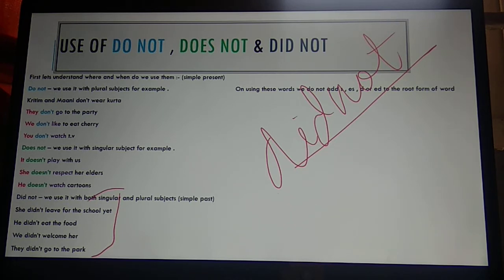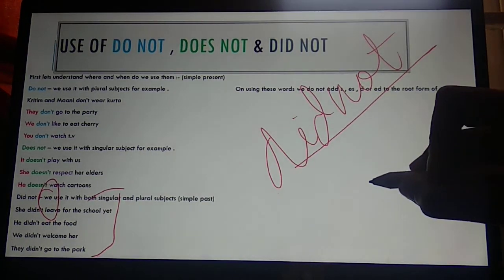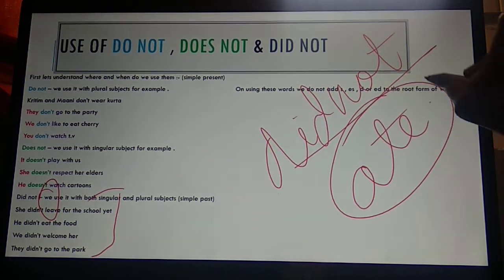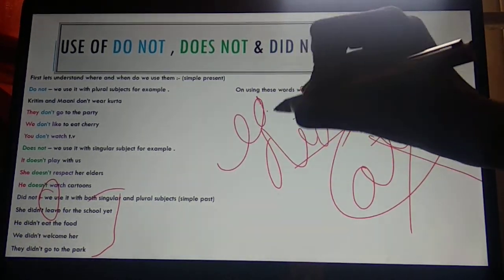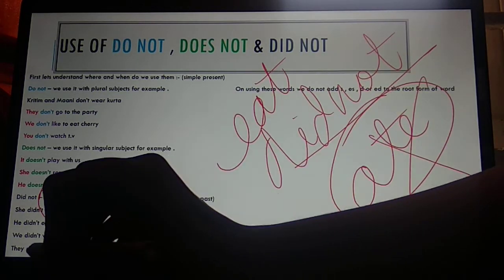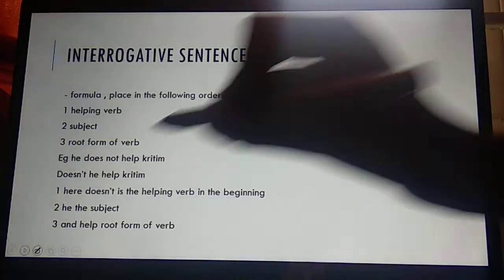She didn't leave for the school yet, present form of verb leave. He didn't eat the food. If I would have used ate in this case, it would be wrong. Eat will come because this is a rule. Whenever we use did not, the present form of verb will come. I hope you have understood this much.